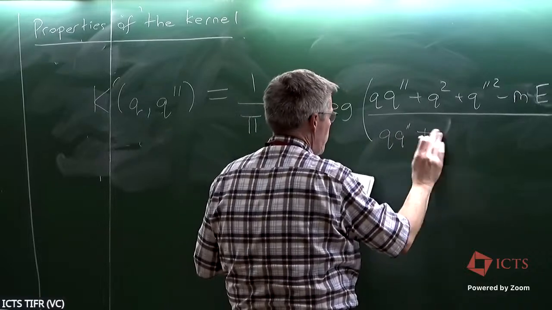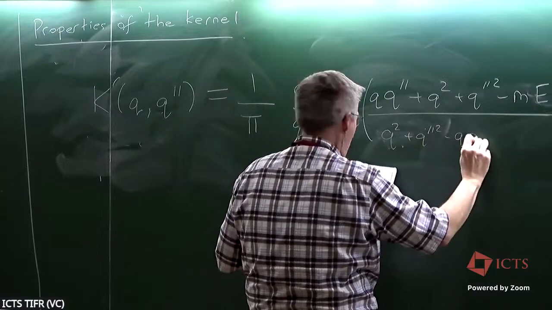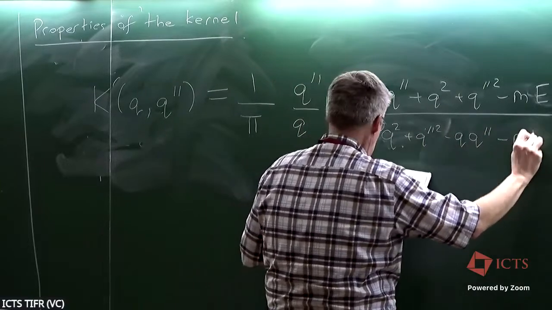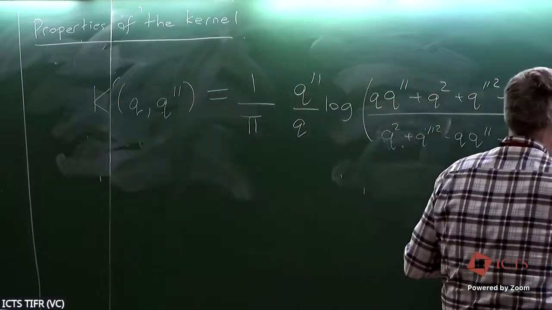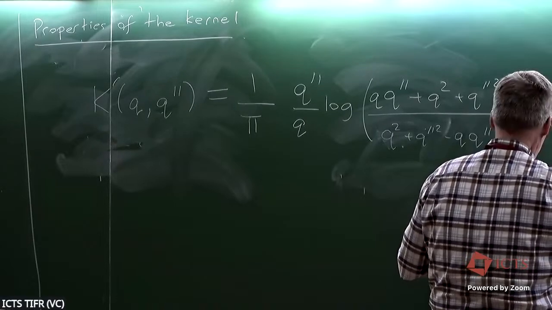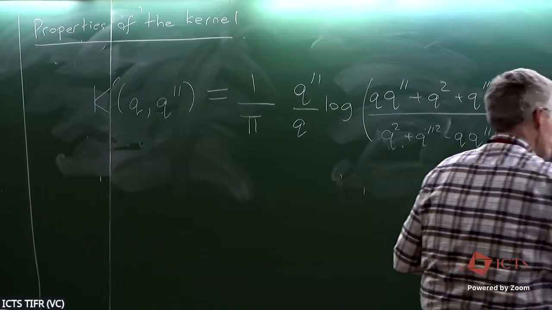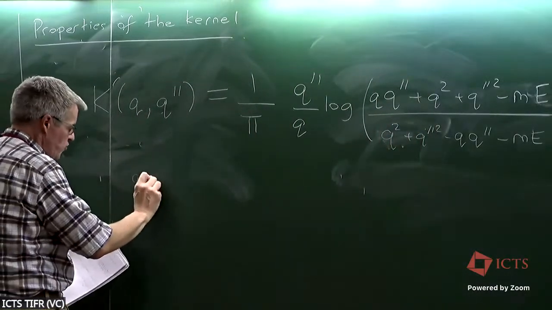I'm just repeating what I already wrote, or I hope I'm repeating what I already wrote. And we have to think about two different regimes when we think about the properties of this kernel. So one regime is Q sort of small.